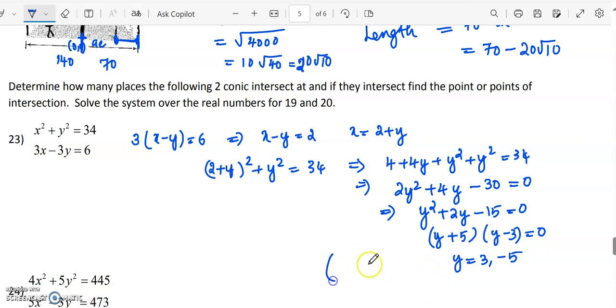And when y equals 3, the corresponding x value will be 2 plus y, so that will be 5, and when y is equal to minus 5, the x value will be 2 minus 5, which is minus 3. So they will intersect at 2 points, and the points will be (5, 3) and (minus 3, minus 5).